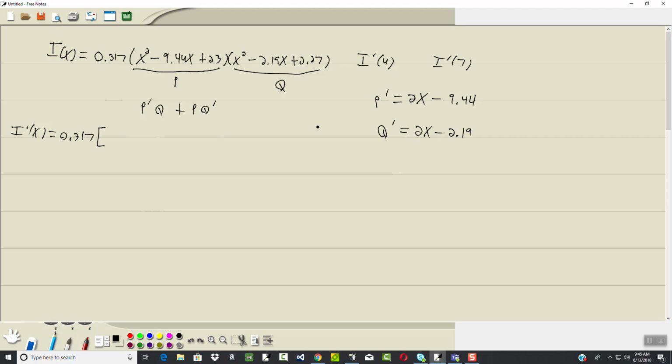So P prime was 2x minus 9.44 times Q, which is x squared minus 2.19x plus 2.27, plus P, which is x squared minus 9.44x plus 23, times Q prime, which is 2x minus 2.19.